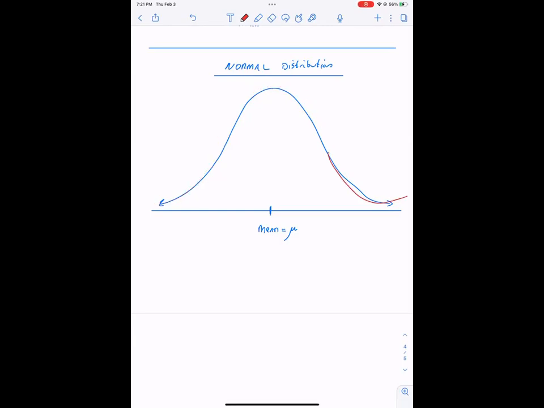So the question is this: where, and when I mean where, I literally mean take your finger and say right there, point to it. Where on this curve do I transition from looking more like a hill to looking more like a bowl?